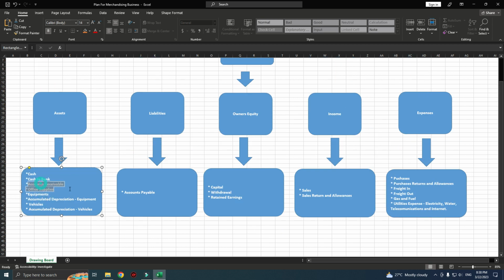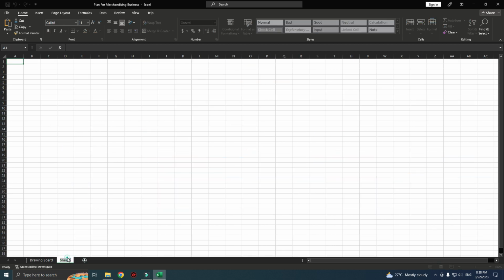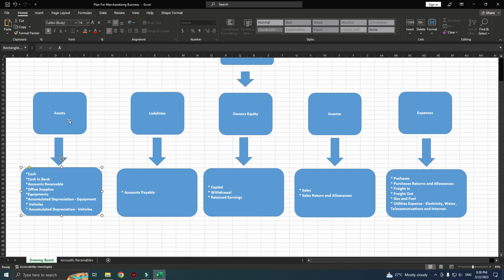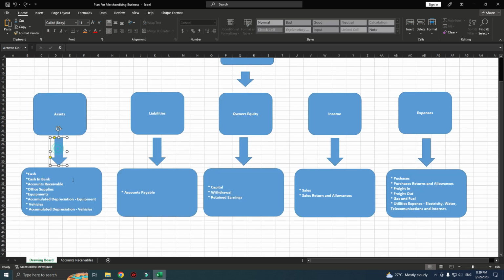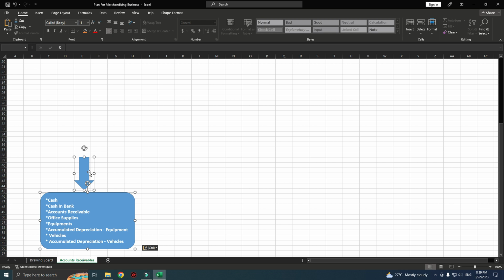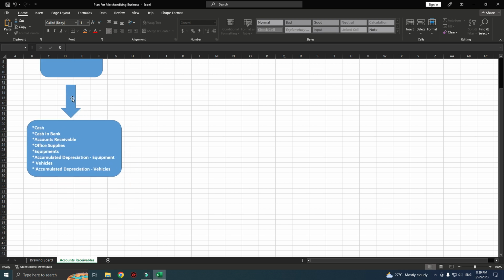However, we want to be able to have a lot of accounts for the accounts receivable. I'm just using Excel as a drawing board. So, what data do we need in accounts receivable?